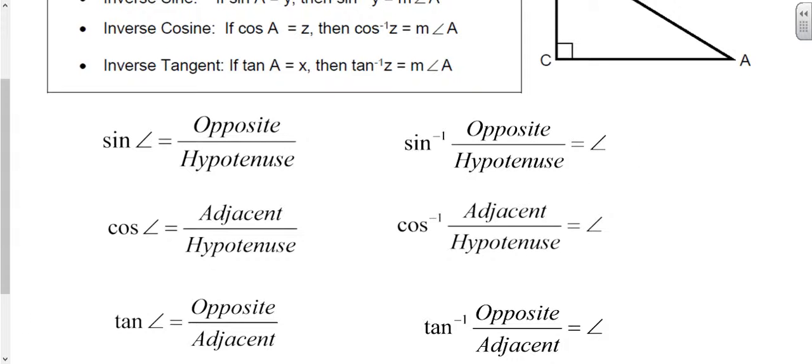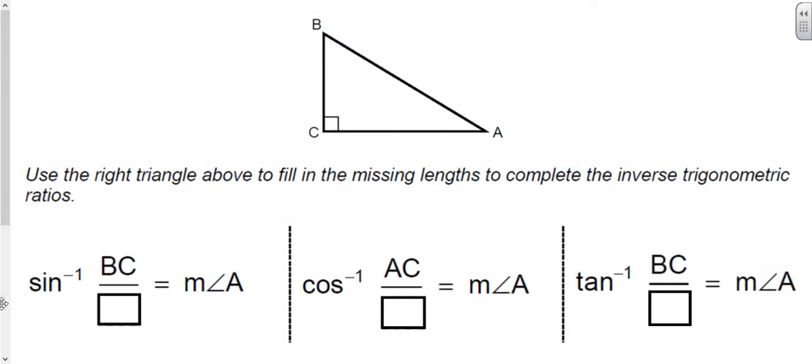All right, so let's look at our first example here. Just using the right triangle above to fill in missing links to complete the inverse trigonometric ratio, or equation. If I wanted to solve for the measure of angle A, I'd want to put in the ratio of sides. For inverse sine, I need to put in the same sides I would for regular sine. It is the side opposite over the hypotenuse.